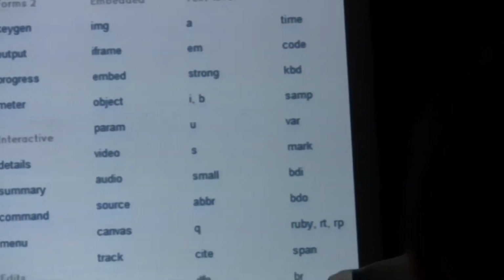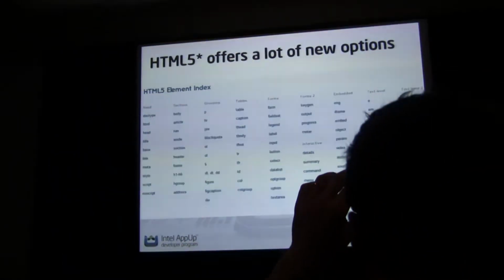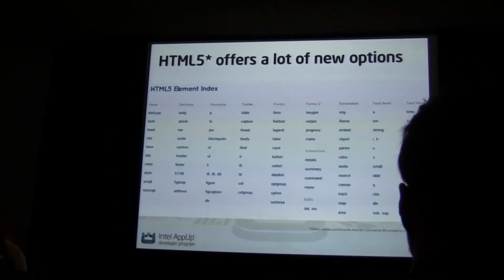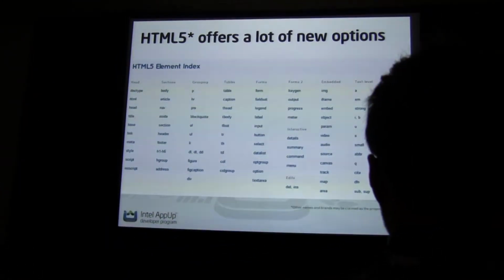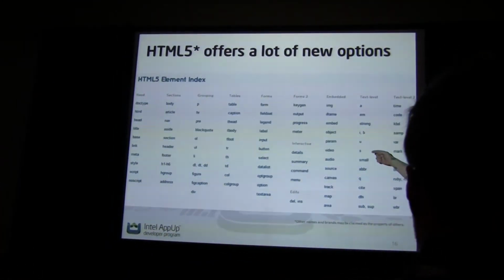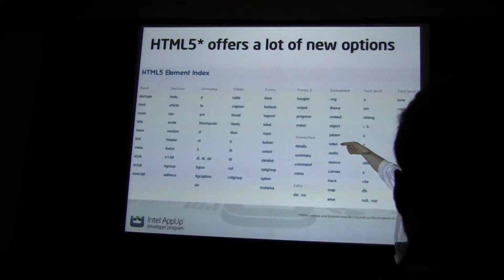There are some more exotic tags like WBR, which keeps your text from being broken and moved to the other side of the page when it scrolls off the side. Maybe not terribly useful, but it's there. And of course, the three big ones that everyone talks about: video, audio, and canvas.